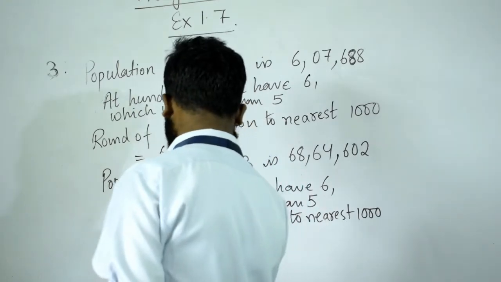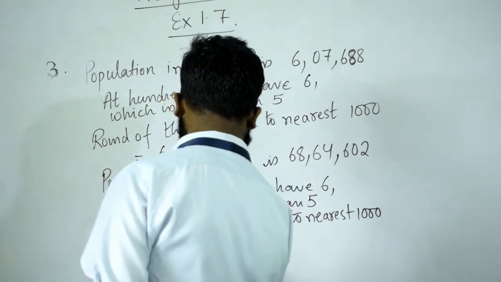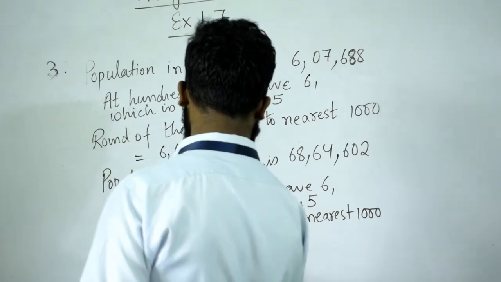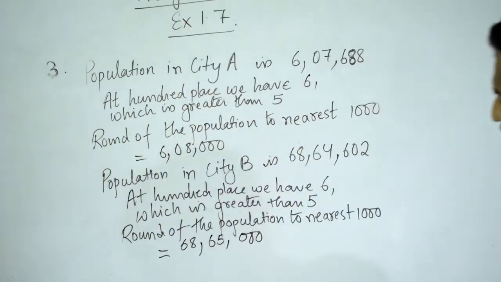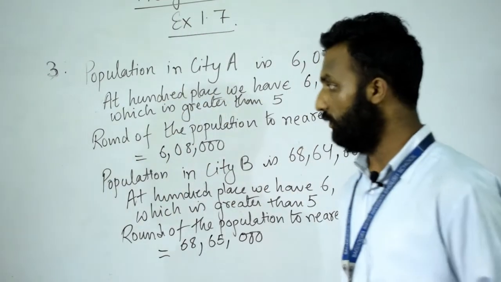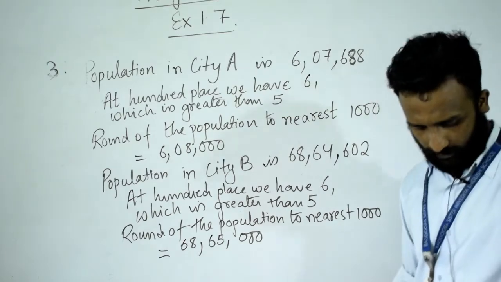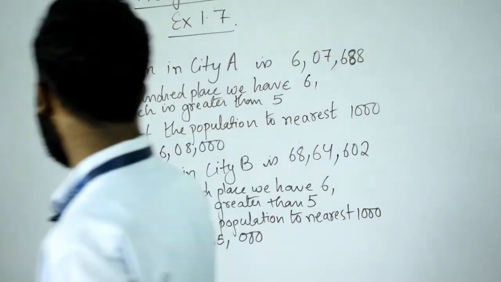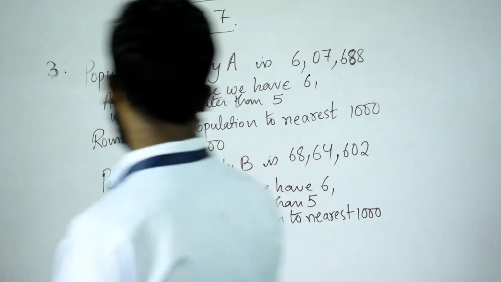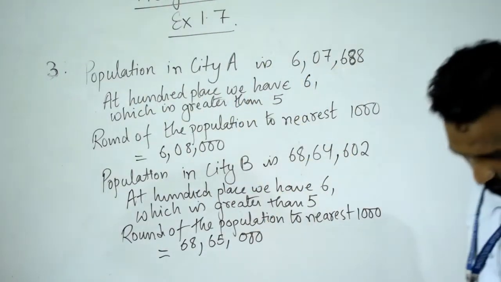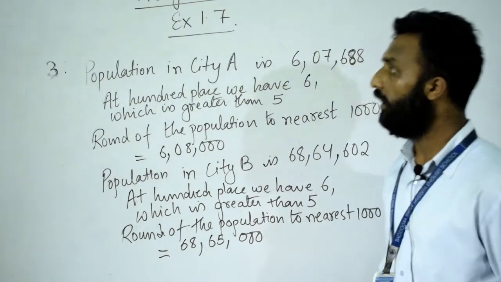So it will be 68,65,000 after adding 1 at the 1000 place. So this is how you'll do question number 3.